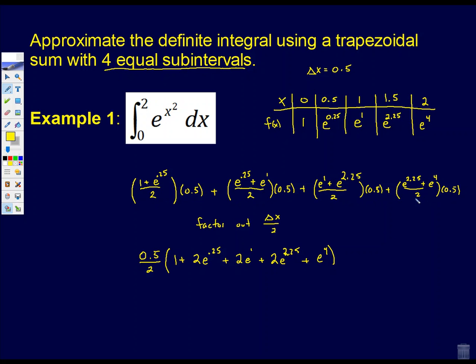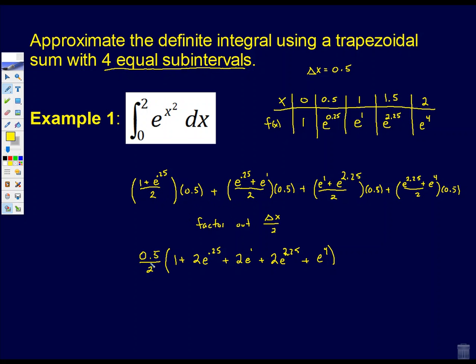I also noticed I was dividing by 2 every single time. So I'm going to treat both those operations as a common factor. So the change of x, 0.5, and the process of dividing by 2, that happened every time. So I'm going to be factoring out the 0.5 divided by 2, which is the delta x divided by 2.